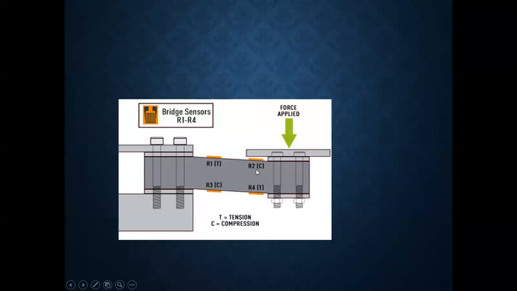T means tension, C means compression. I am applying a force here. Based on that force, tension and compression come. Here tension comes, here compression comes, here compression comes and tension. So I will show you the method of how to calculate the voltage.